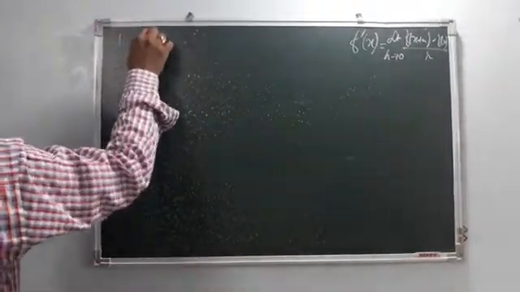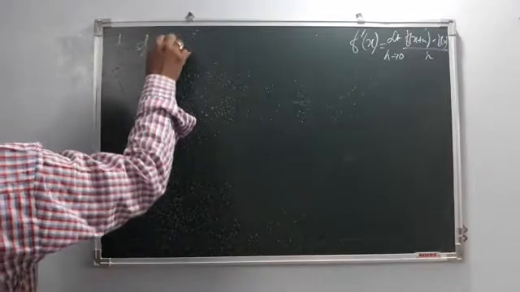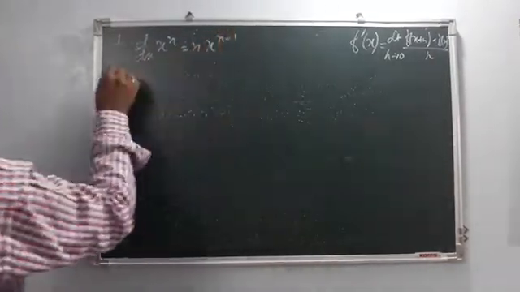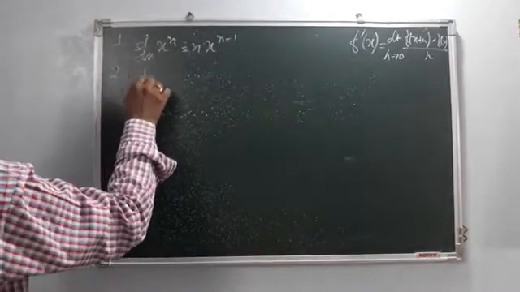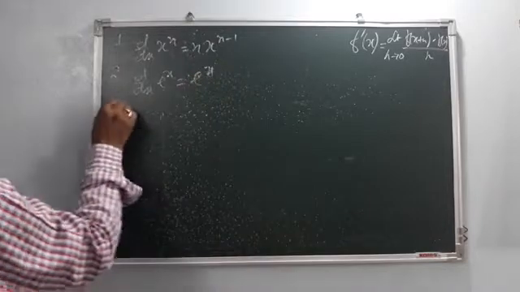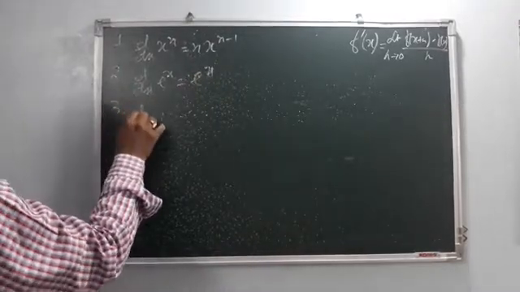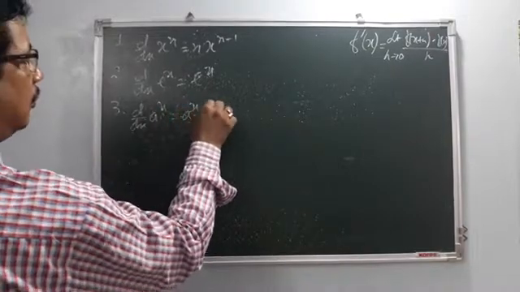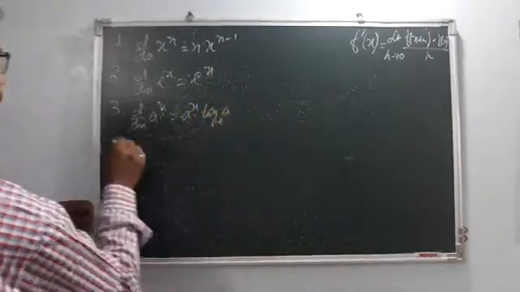First one is d/dx of x to the power n is n x to the power n minus 1. Second is what? d/dx of e to the power x is e to the power x. Then d/dx of a to the power x is a to the power x log a base e.